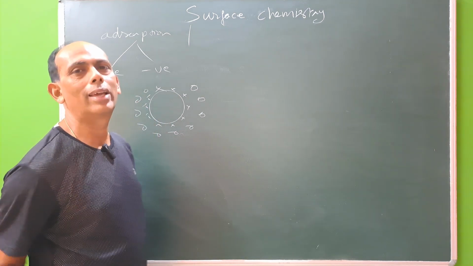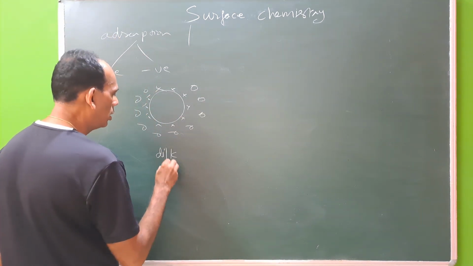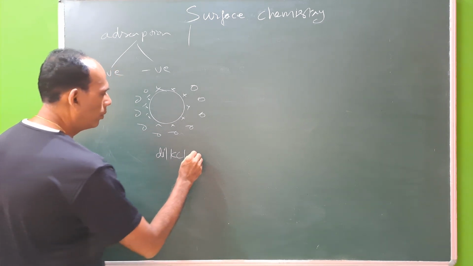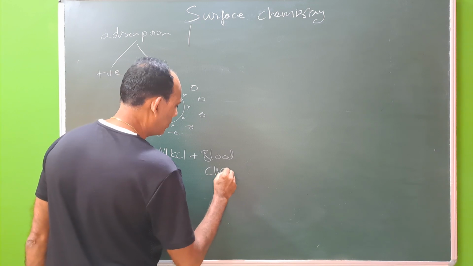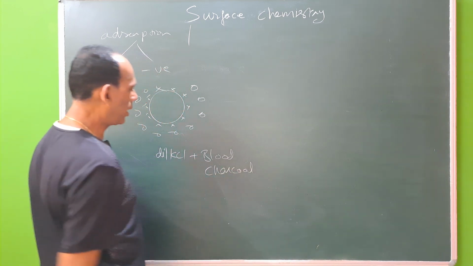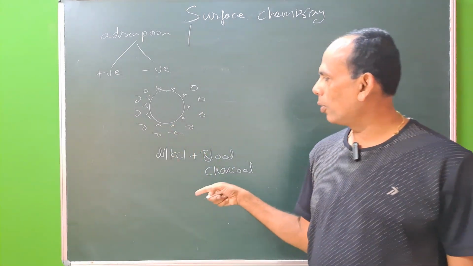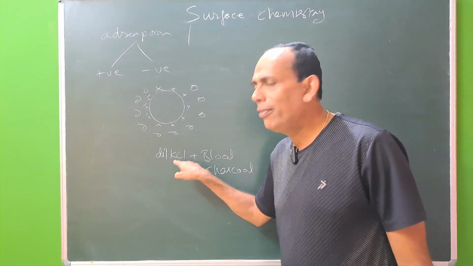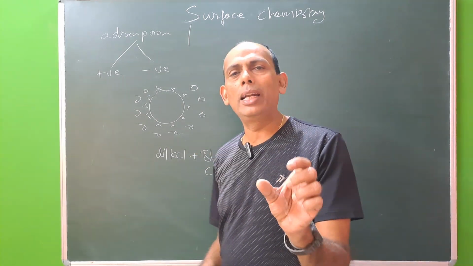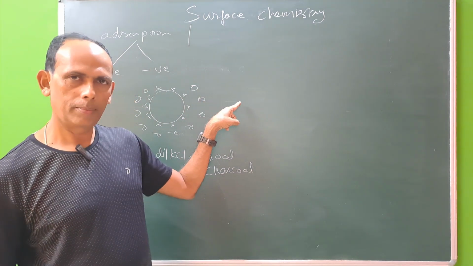Now you'll wonder where it is used. One of the most common examples is dilute KCl with blood charcoal. I'll tell you what it means. If you mix dilute potassium chloride with blood charcoal, then on this blood charcoal surface, KCl will be adsorbed in lesser quantity as compared to its concentration outside, away from it.